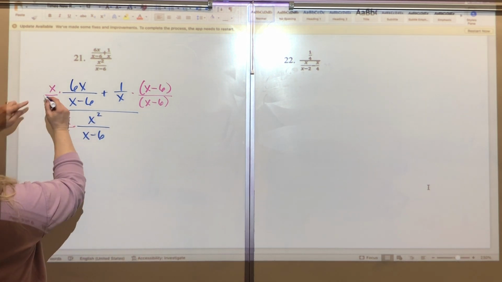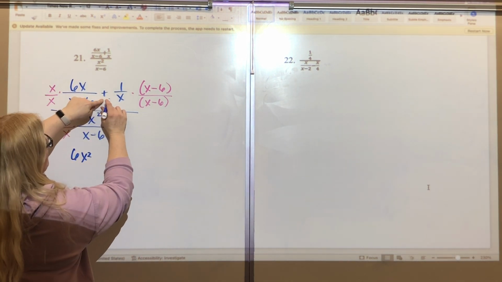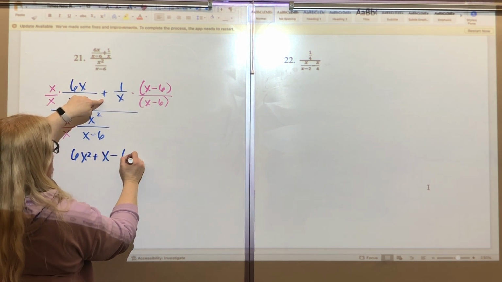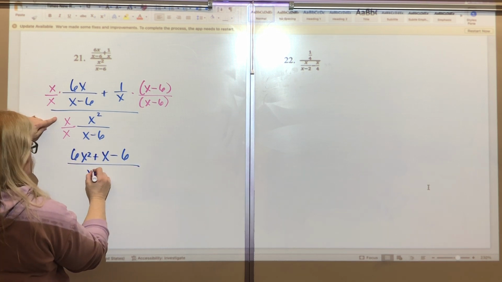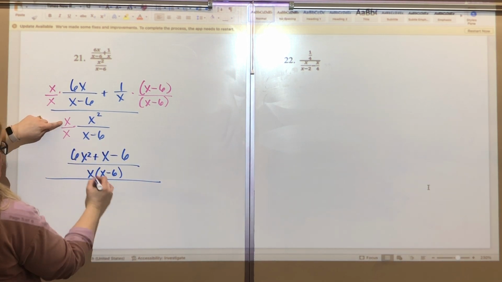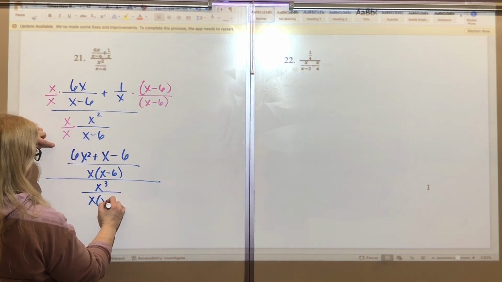Okay, so now this gives me 6x squared plus 1 times x minus 6 over x times x minus 6, and all of that over x cubed over x times x minus 6.